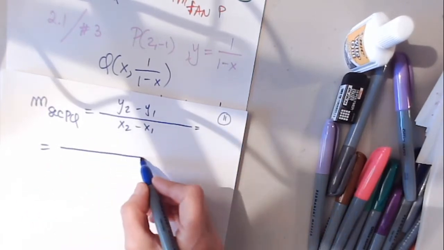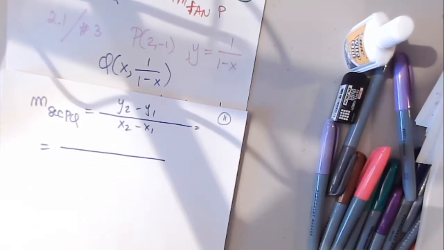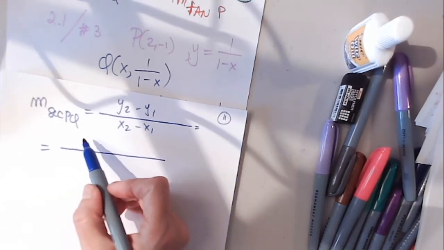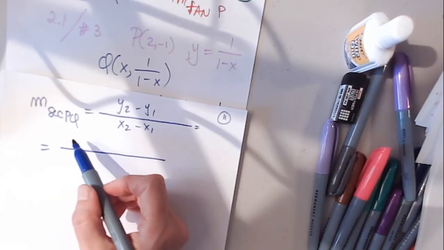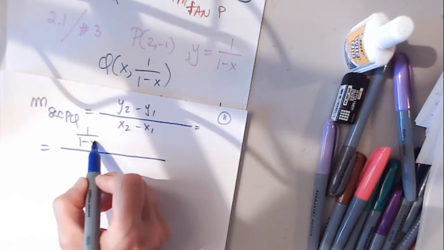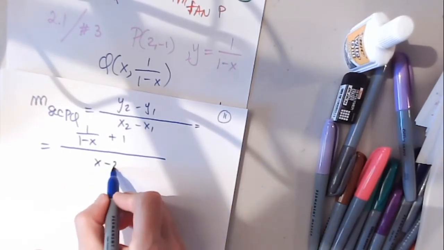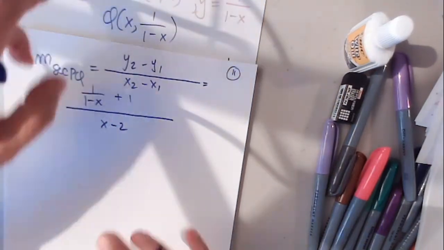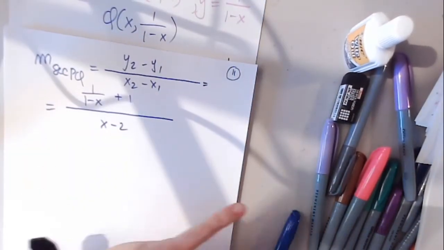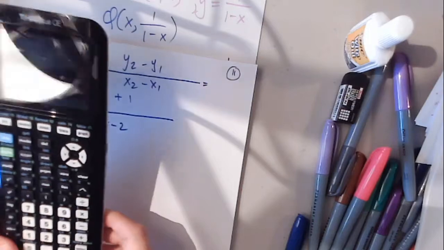Now please give me the expression so I can enter it correctly. One over 1 minus x plus 1. Excellent. Over x minus 2. Excellent. This is what I'm going to put in my graphing calculator right this moment.